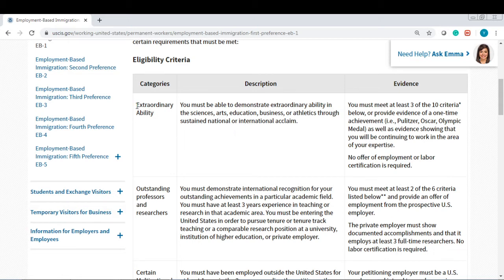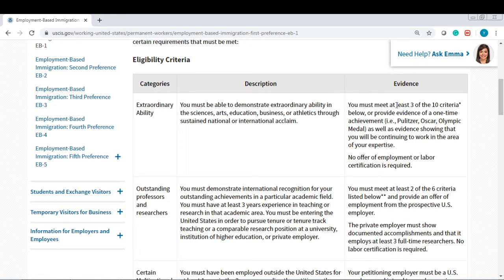For EB-1A, you must demonstrate extraordinary ability in fields like science, art, education, technology, business, or athletics through sustained national or international acclaim. So let's go to the detailed evidence or criteria.